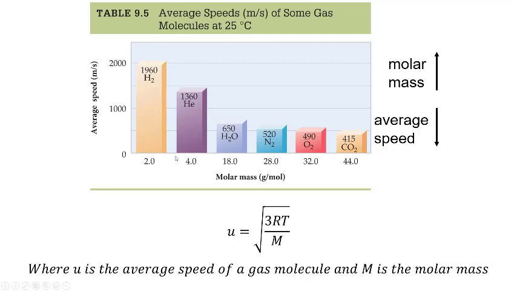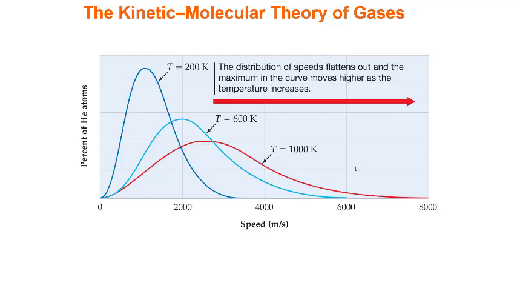So if we have an increasing molar mass of our gas, we're going to have a decreased average speed or average velocity. Okay, so lighter molecules are going to move faster than heavy molecules when you're dealing with constant temperature. Okay, so that is inherent to postulate number five as well.